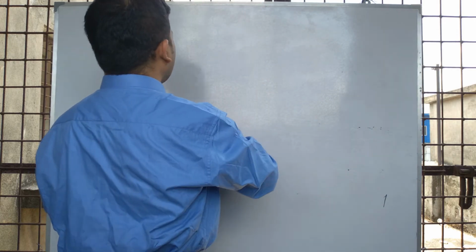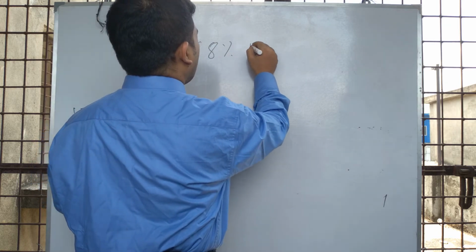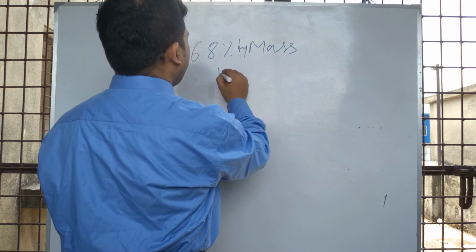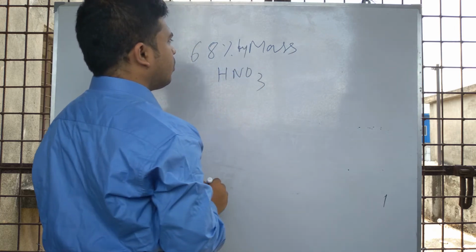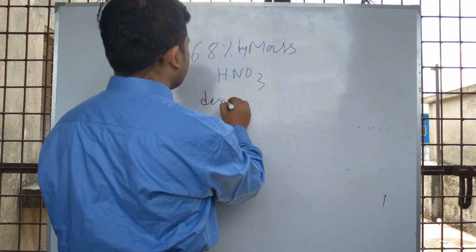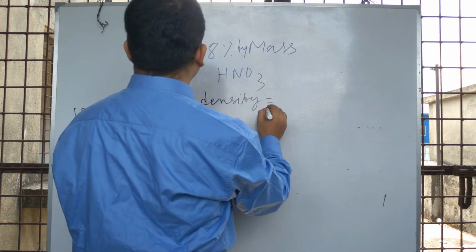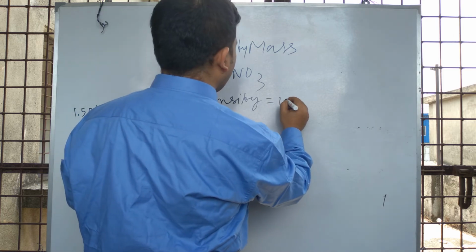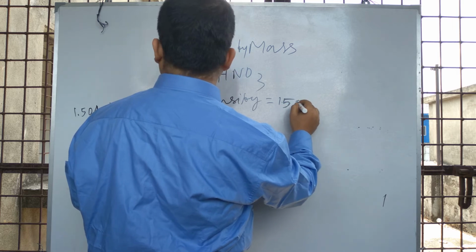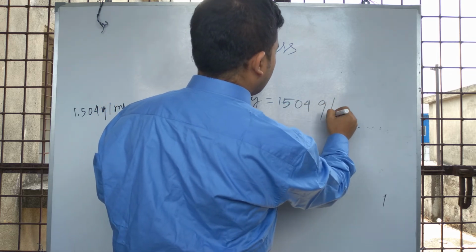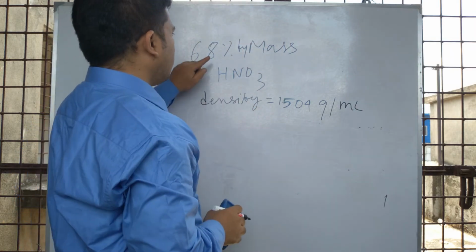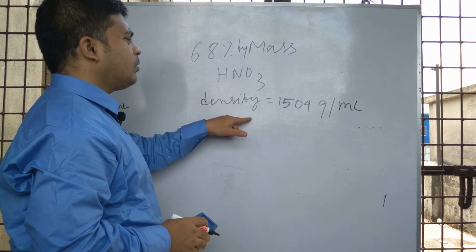Suppose you are given a 68% by mass nitric acid solution, HNO3 solution, 68% by mass, and the density of the nitric acid solution is 1.504 gram per ml. It is the density of the 68% by mass nitric acid solution.